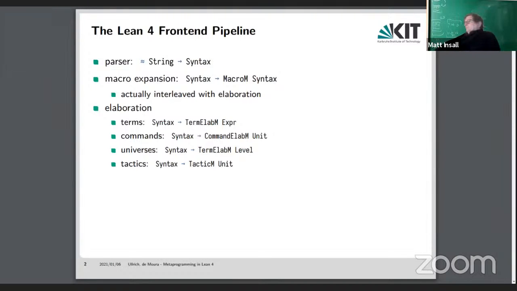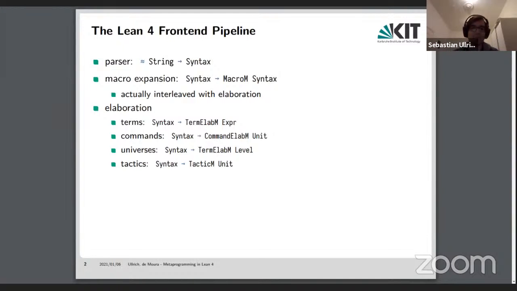This is actually not exactly a pipeline like described here, but macro expansion is in fact interleaved with elaboration. At each level of the syntax, we first expand all the macros at the top level, then we elaborate the thing, giving it meaning in the primitive way. Elaboration usually will then recurse on subterms, on subsyntax, which again means that this subterm will be expanded maximally, at which point elaboration will again apply a rule.